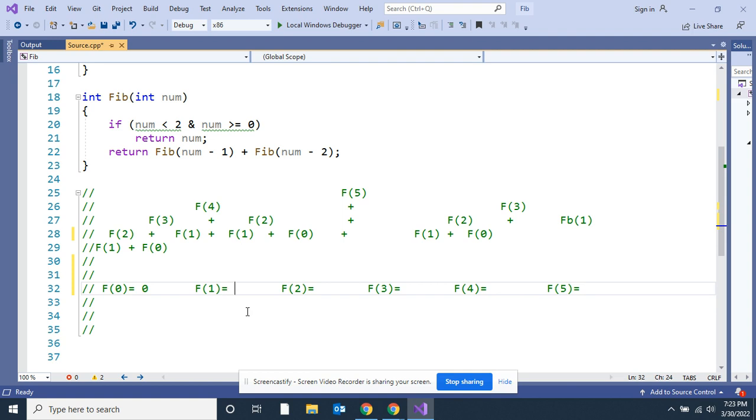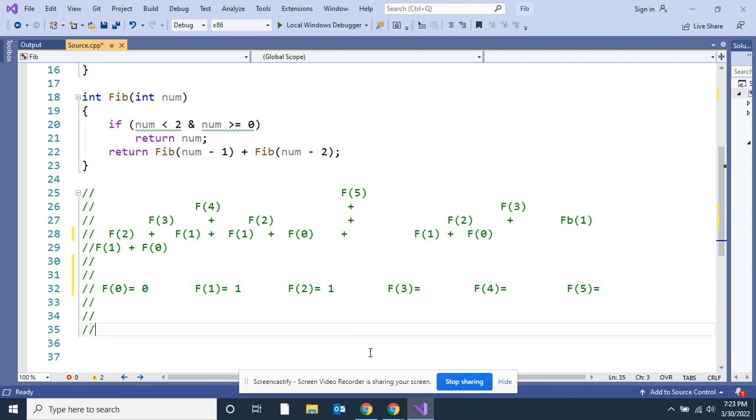So F1 is 1. Now let's figure out what F2 is. Checking these branches here, F2 is going to be F1 plus F0. So F0 is 0, F1 is 1. That means F2 is actually going to be 1 also.